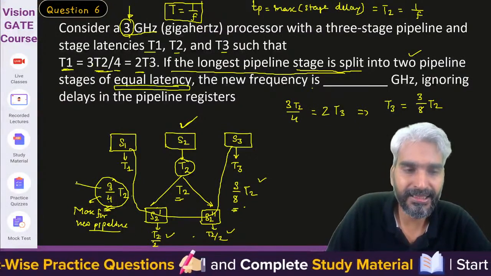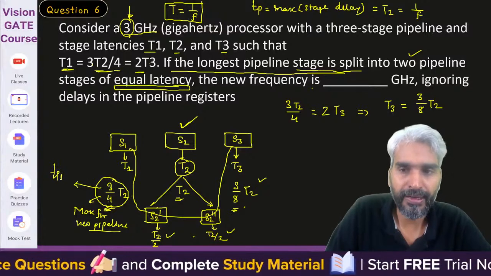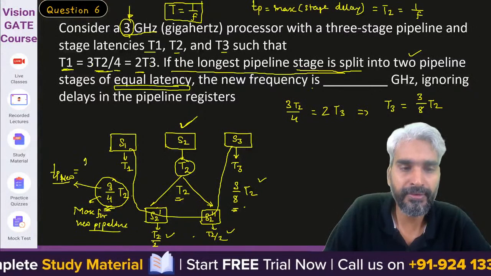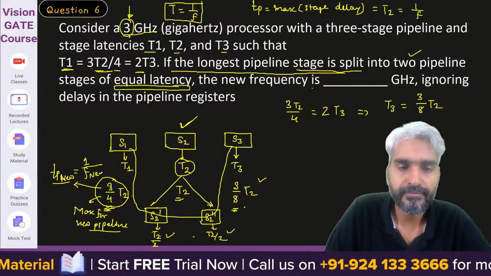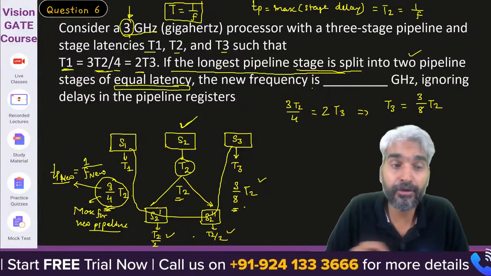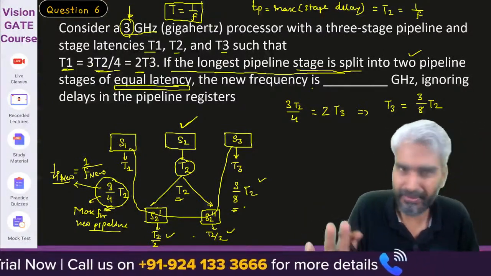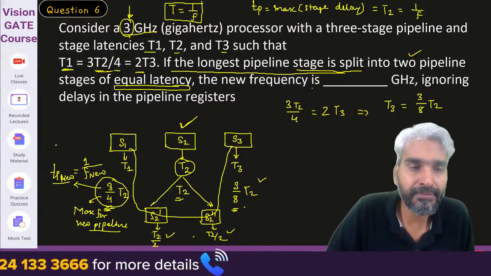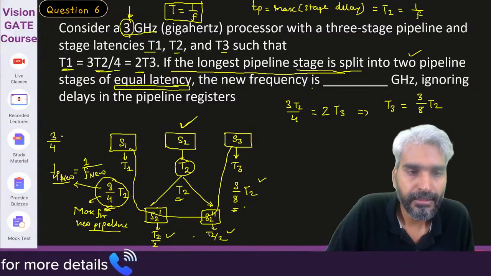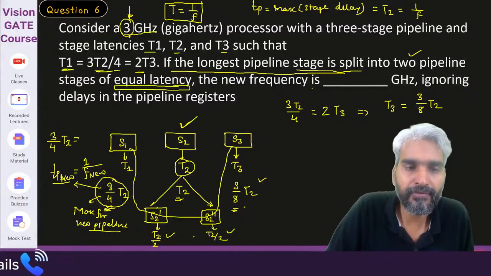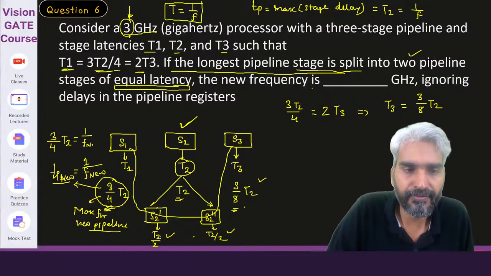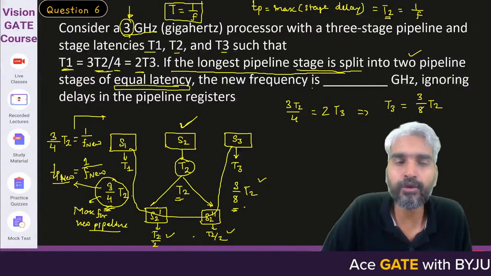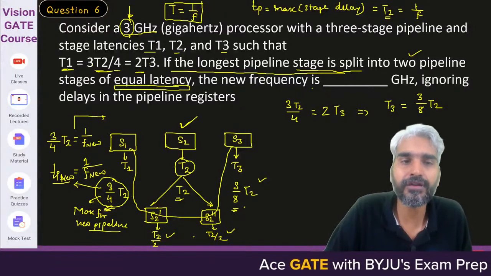So for the new pipeline, this will become the cycle time of the new pipeline processor. TP new will be nothing but 1 upon F new. Whatever the new frequency is, T equals 1 by F will remain the same. Now what is TP new? TP new is 3 upon 4 T2. This will be equal to 1 upon F new. Sir, the value of T2 is actually nothing but 1 upon F, that is 1 upon 3 gigahertz.